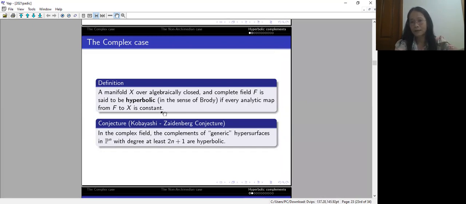So the corollary is one example of hyperbolicity. One conjecture says that in the complex case, the complement of generic hypersurfaces in projective space with degree at least 2n plus 1 has to be hyperbolic. That means the complement should be hyperbolic if the degrees are big enough.